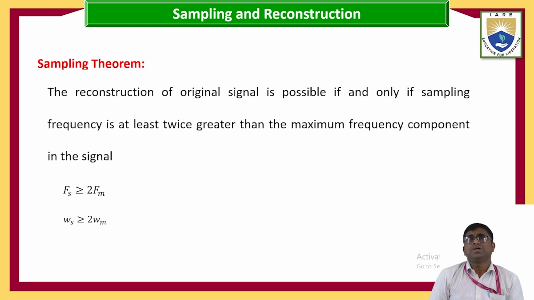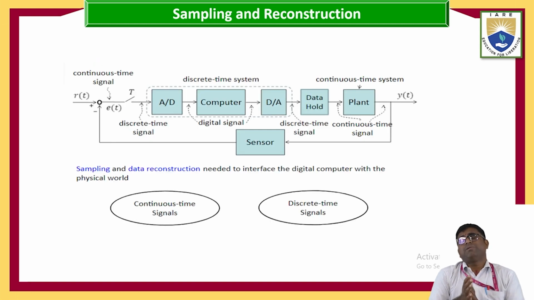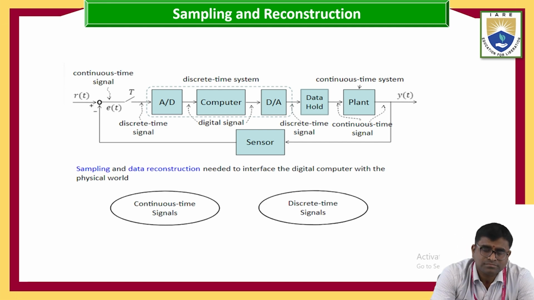Now I am taking the final block diagram of the digital control system where we make the sample and reconstruction. Here it is a continuous time signal. It is given to the switch, that is the sample.